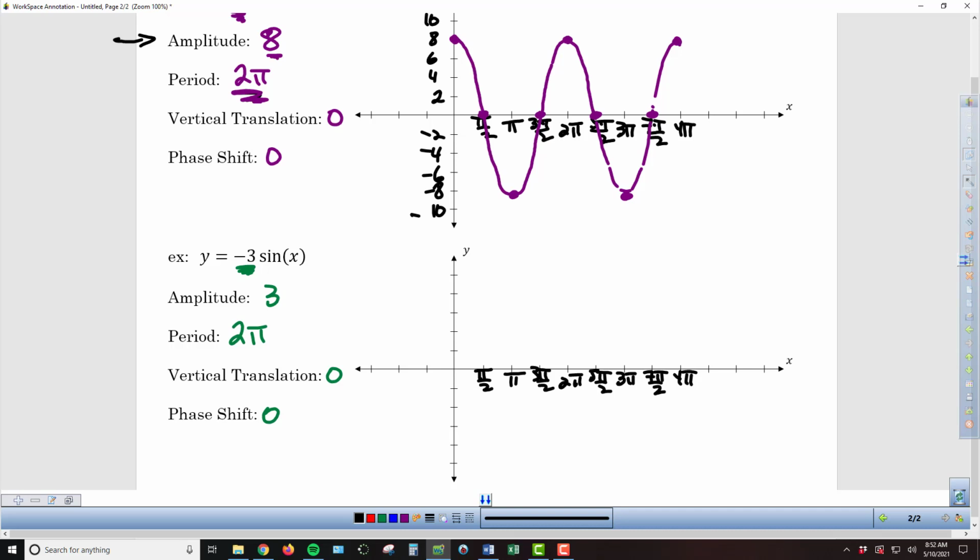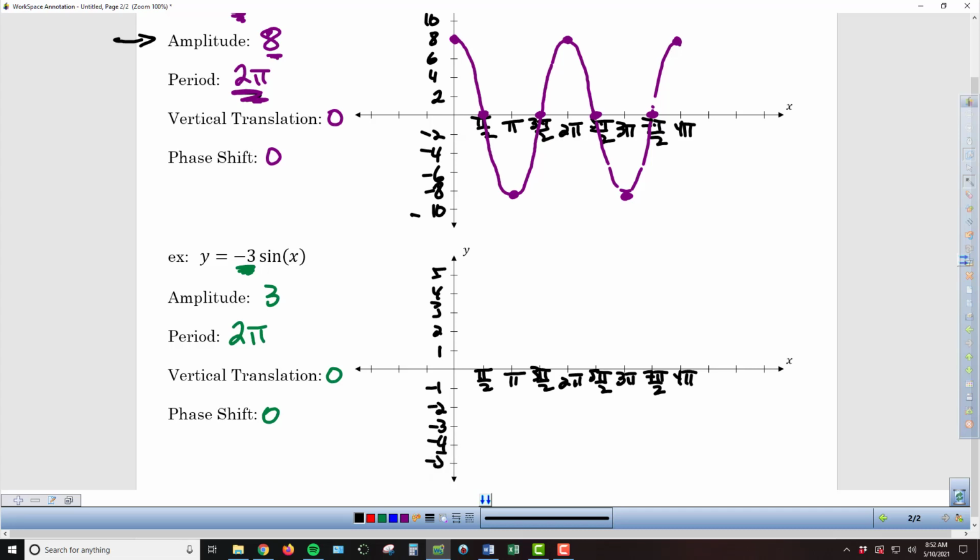So that sets us up for our 2 full periods. Since 3 is my high and low point, I can go ahead and count by 1s again along my y-axis. 1, 2, 3, 4 and 5, -1, -2, -3, 4 and 5.